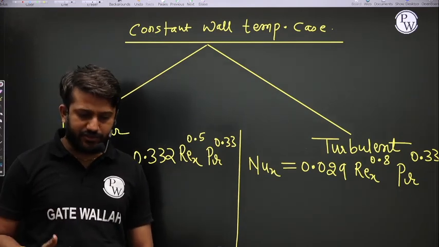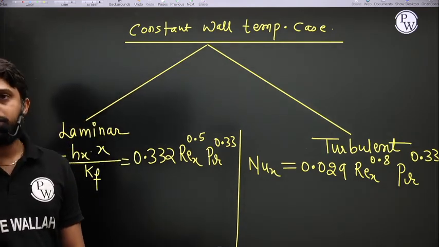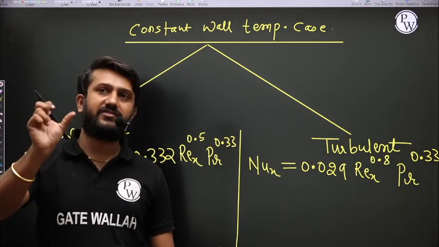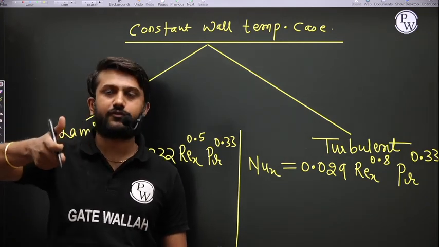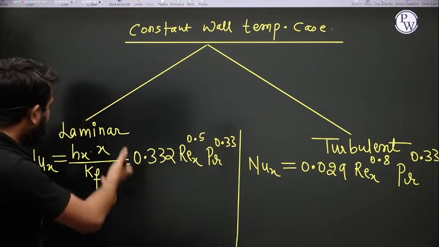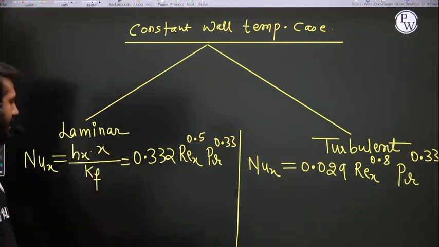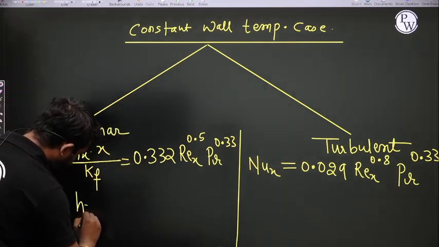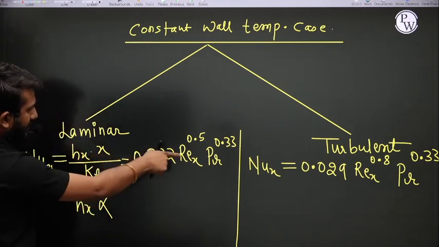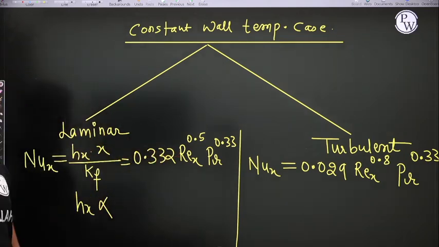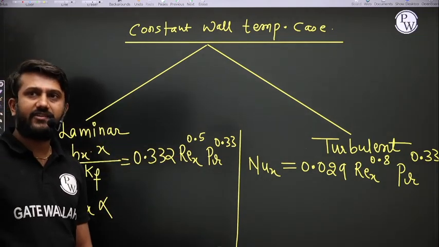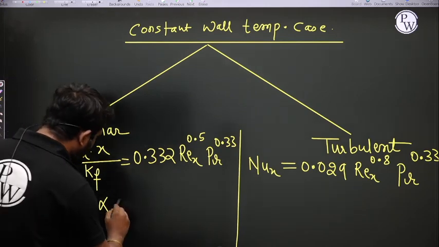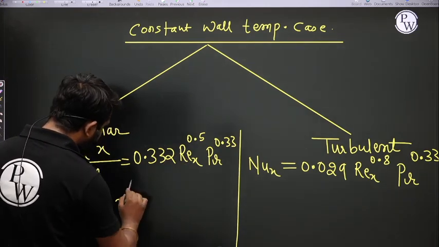Sometimes a question asks how the convective heat transfer coefficient depends on x. You can easily formulate it from here. In the Reynolds number expression, Re = rho u infinity x / mu, x appears with power 1/2.